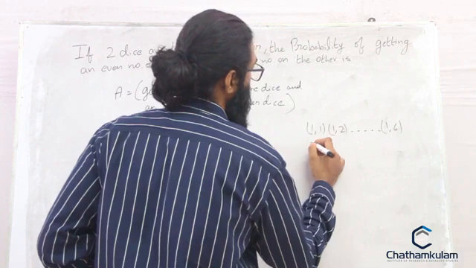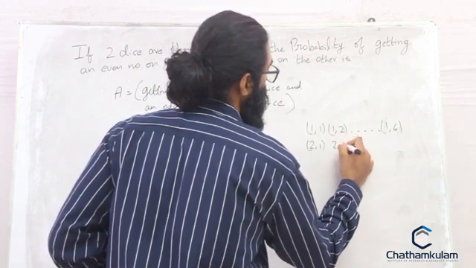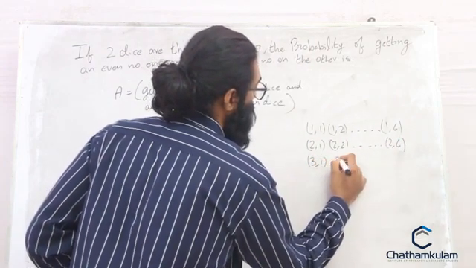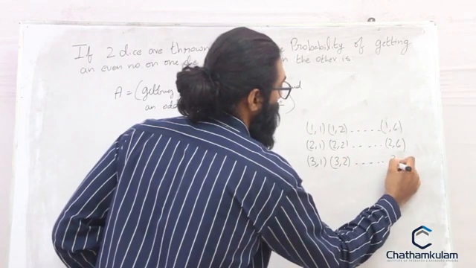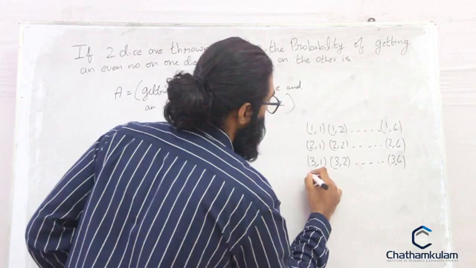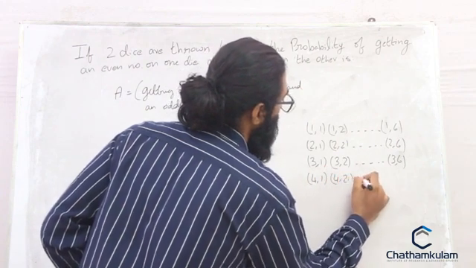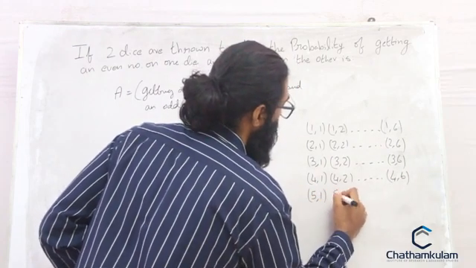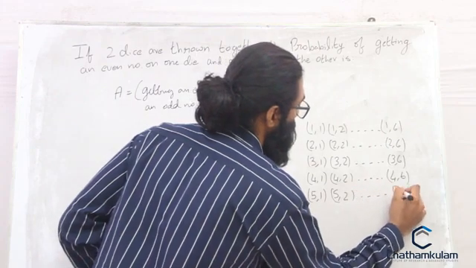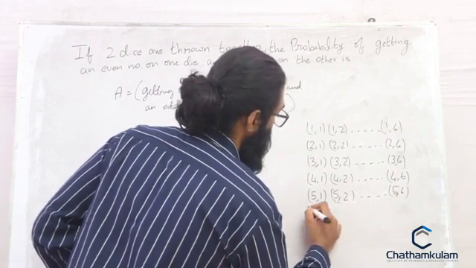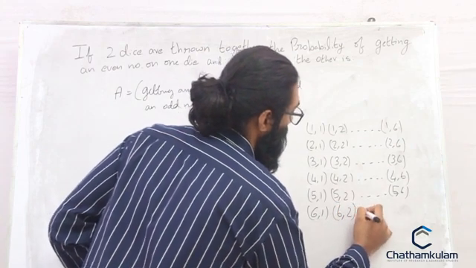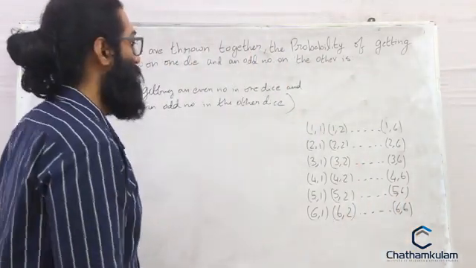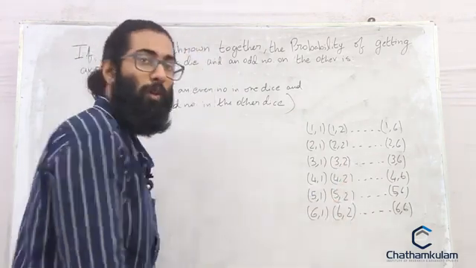Similarly it can be 2 1, 2 2, etc., 2 6, then 3 1, 3 2, etc., 3 6, next is 4 1, 4 2, etc., 4 6, next is 5 1, 5 2, etc., 5 6, next is 6 1, 6 2, 6 3, etc., 6 6. So this is the total number of possible outcomes, which if we count, would be equal to 36.